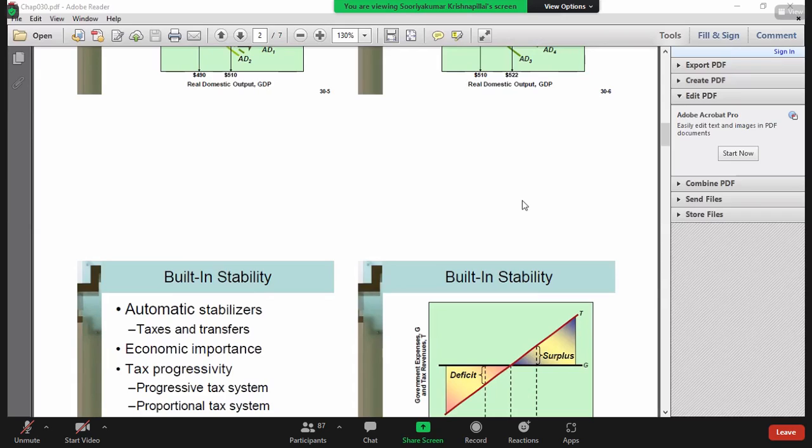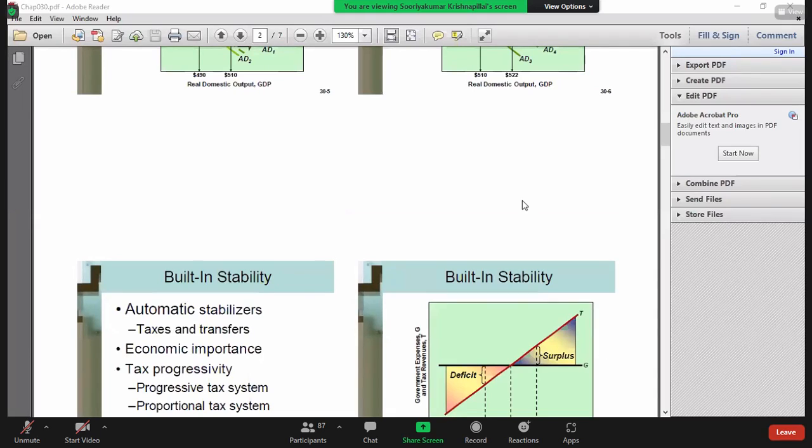The aggregate expenditure component, government expenditure minus tax, is a deficit, so that decreases. So the firms pay less tax, households pay less tax because income is less. Because of the tax system they pay less. So their profit increases, and they will spend more.